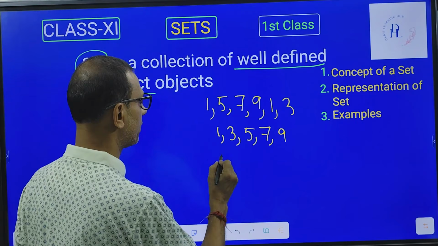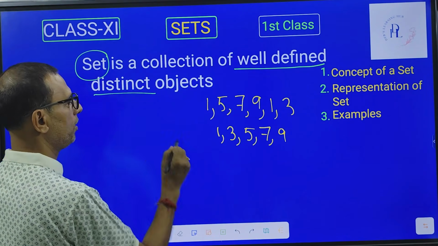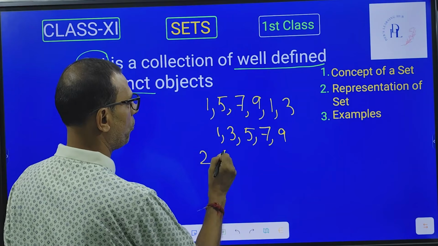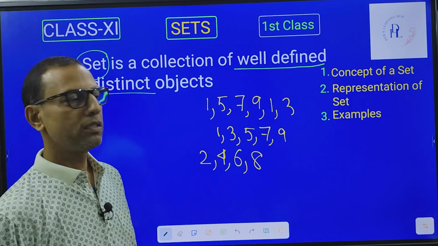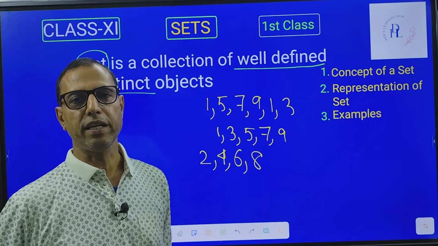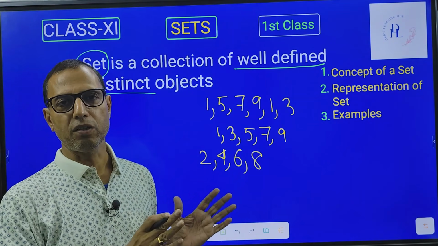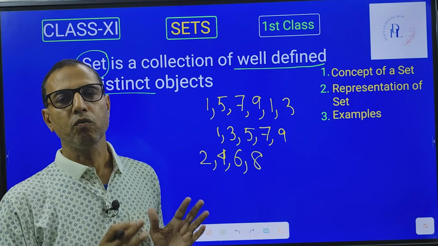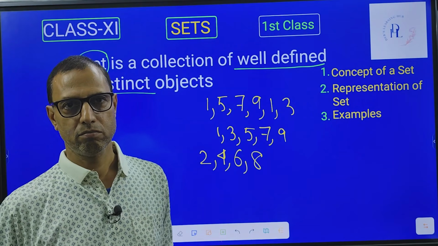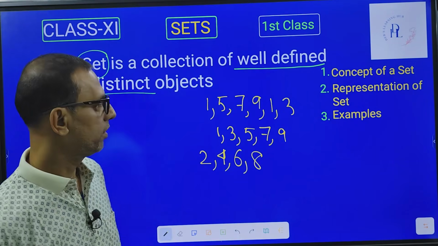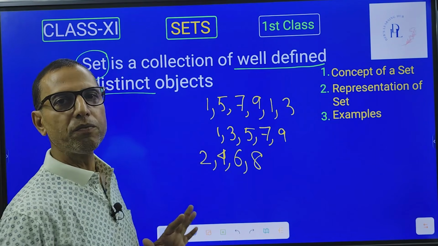The numbers which will come in the set are 2, 4, 6 and 8. That's it. So these 4 numbers form the set. So that is the concept of a set.